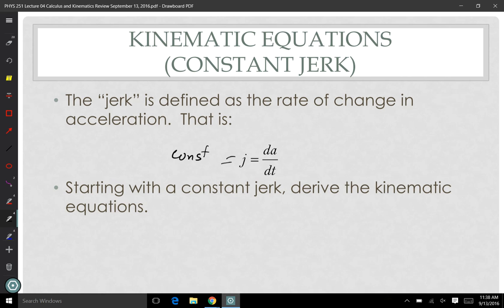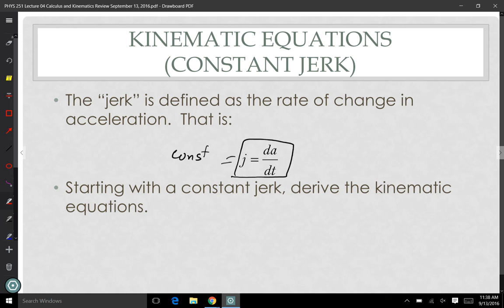So if you have a constant jerk and you want to integrate this up, what's the first thing you find if you're going to integrate up from the jerk? The acceleration. So what's the process you go through to go up? What's the first step you have to do? You start with this equation and separation of variables.